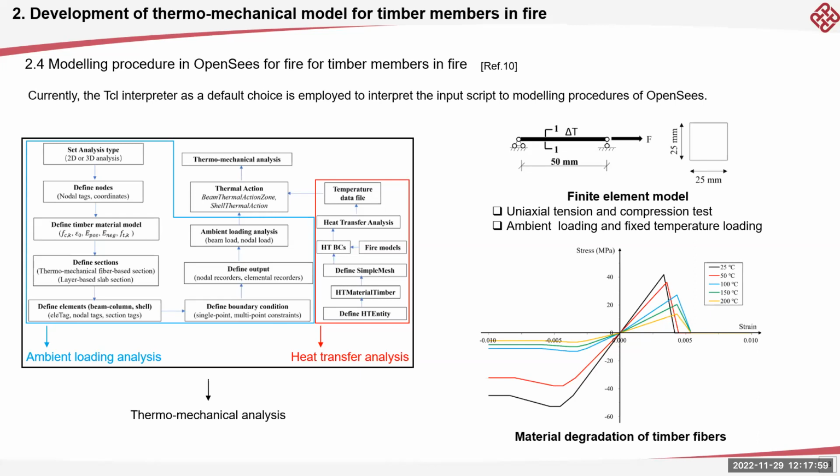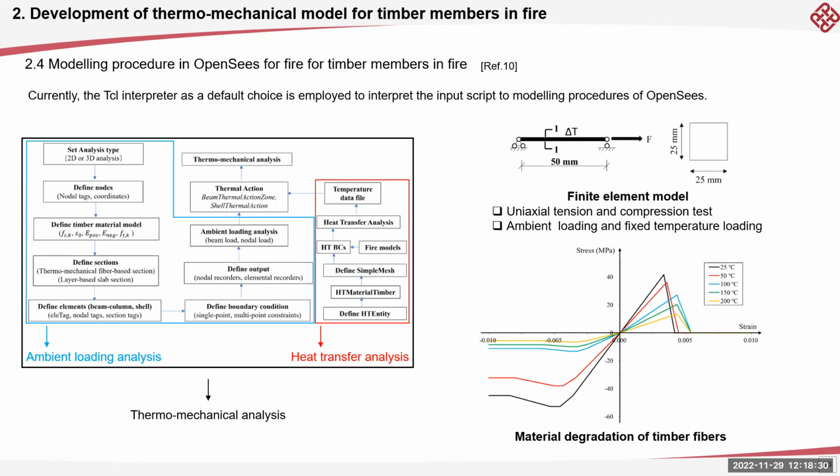By combining the 2 parts, we can do the thermomechanical analysis and get the thermomechanical response of timber members exposed to fires. In order to check the developed thermomechanical models, we built finite element models to do the uniaxial tension and compression test at ambient loading and fixed time loadings.